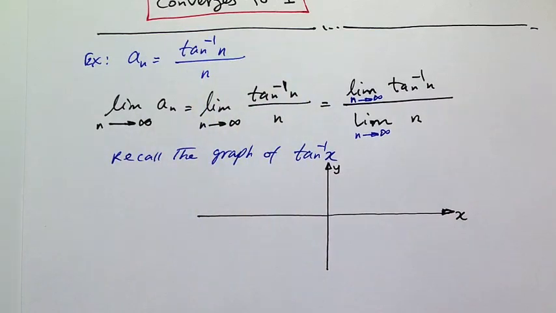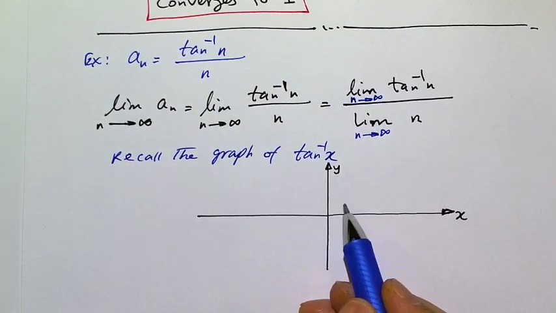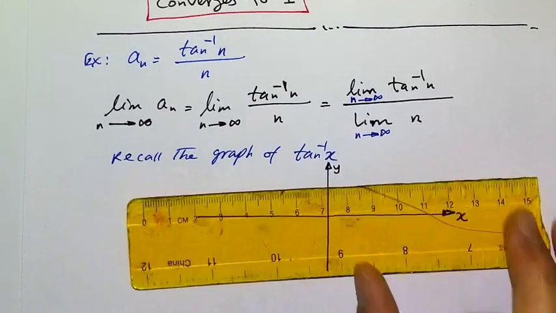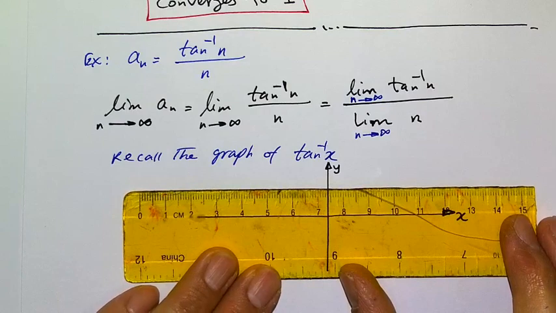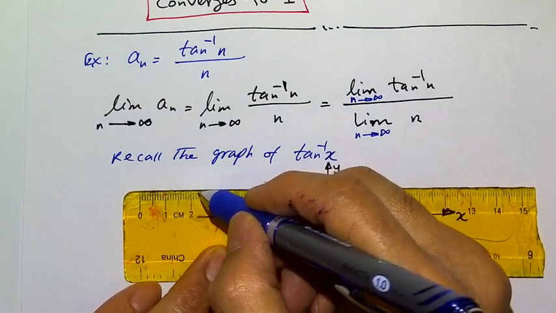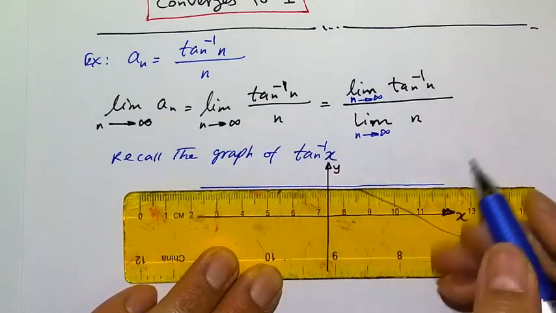And then we have a horizontal line that represents positive pi over 2 as the horizontal asymptote.